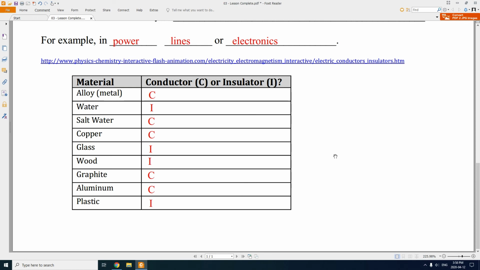So if you're trying to build up static charges, generally you'll use insulators, things like glass rods, plastic rod, ebonite rod, a rubber balloon. And those are the things that show up on your electrostatic series list. But if you're trying to make a circuit, if you're trying to make something that you can turn a light on or turn your stove on, in that case you'll be using conductors.